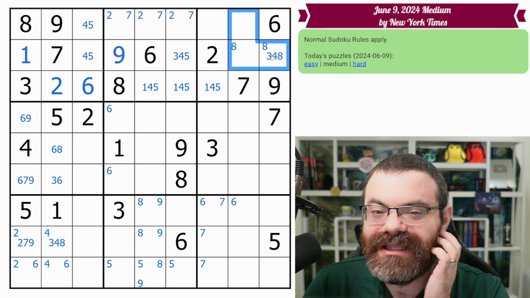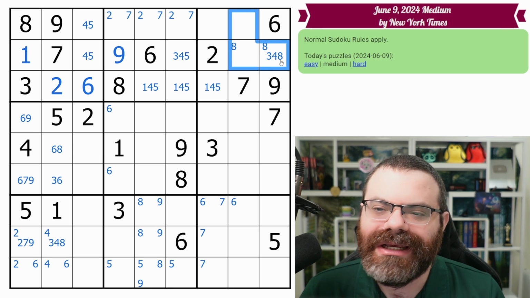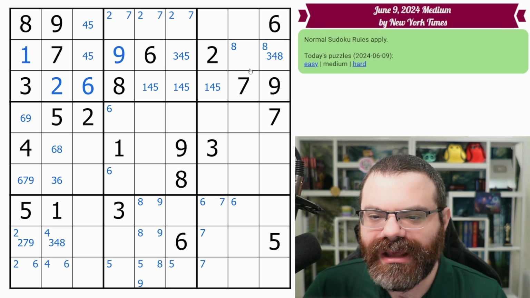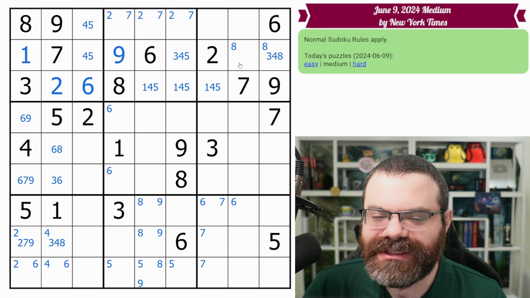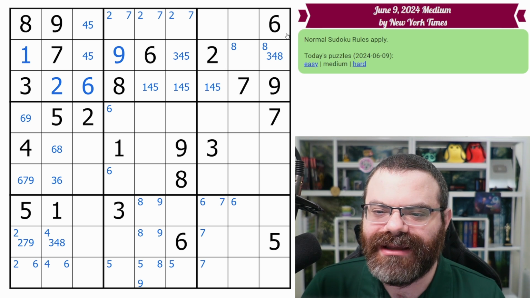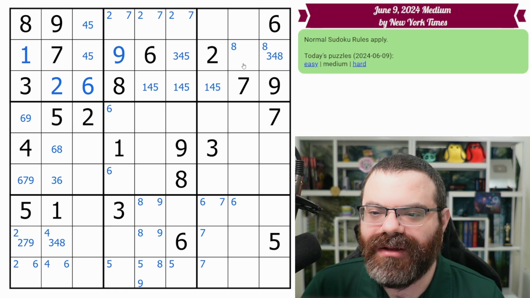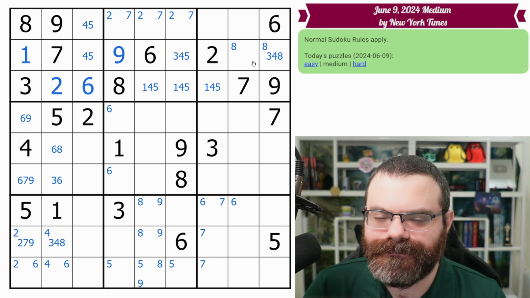Because 3 is limited to these 3 cells and it turns corner. We don't mark that. So I don't think there's anything else to find here because we're looking for digits in the band and stack kind of cooperating in helping out the box, and I'm just not seeing that. Okay. Yeah, I think we're good there.